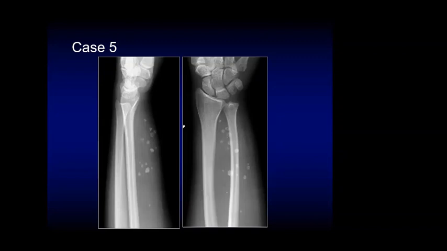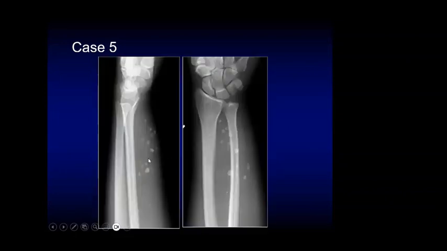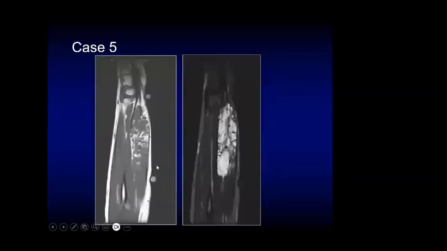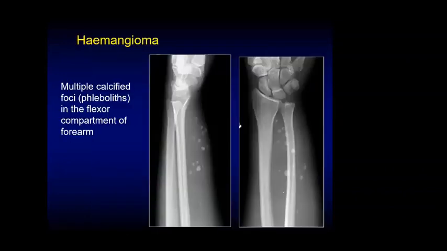This could be related to vascular malformation, venovascular malformation, could be a hemangiomatous lesion. Yeah, perfect. So this is a soft tissue hemangioma, and what you saw on the radiograph are the soft tissue phleboliths, and this is a soft tissue hemangioma or vascular malformation.